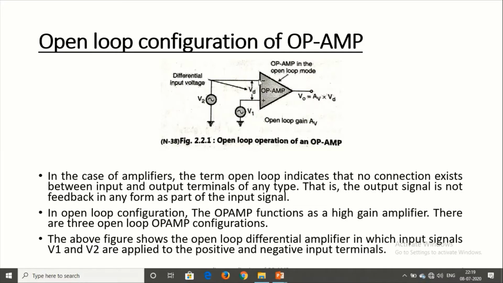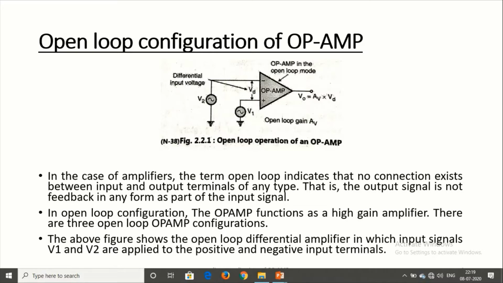If the difference between these two signals is negative, then the output voltage is also negative, and if the difference is positive, then the output voltage is positive. Depending on the polarity of Vd, the output voltage polarity is decided. As AV is very high, a very small value of Vd will drive the op-amp into positive or negative saturation.